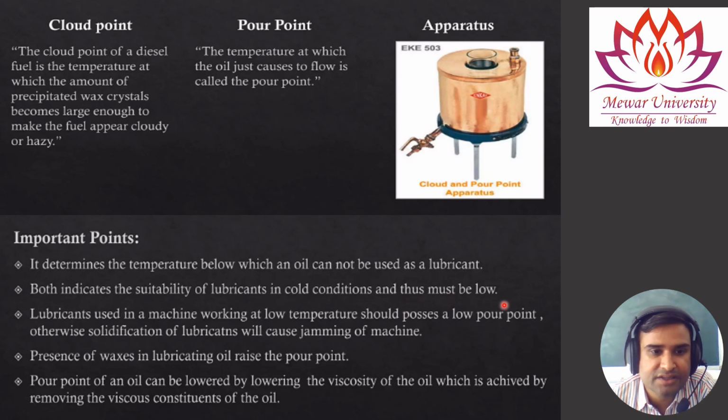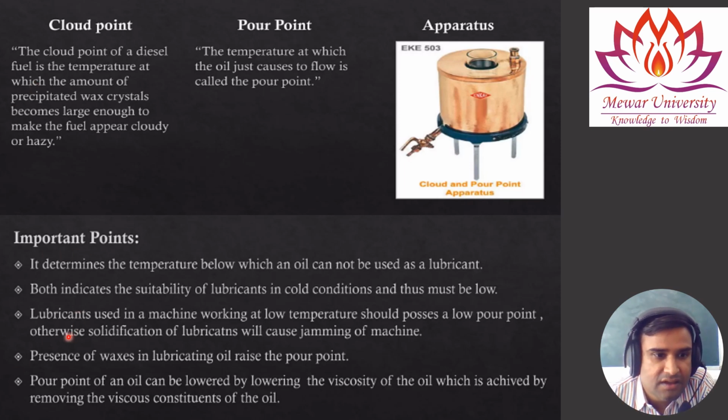In cold conditions, your lubricant oil freezes, so it determines down to what temperature you can take your vehicle outside. If the oil freezes and appears cloudy, you cannot start your vehicle, because the flow of fuel into the engine will stop.